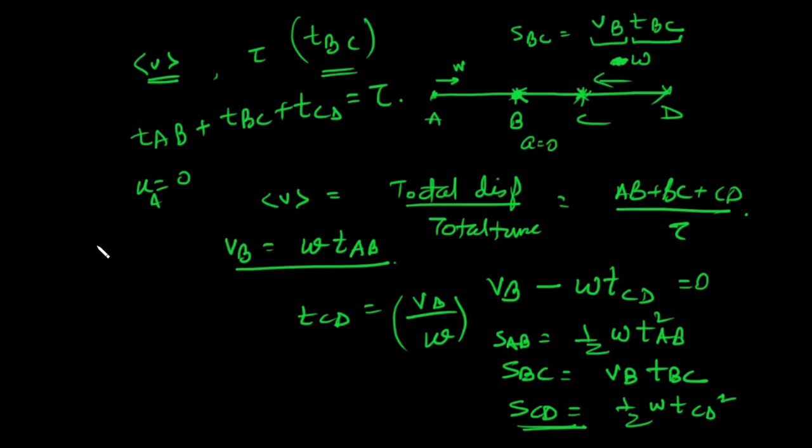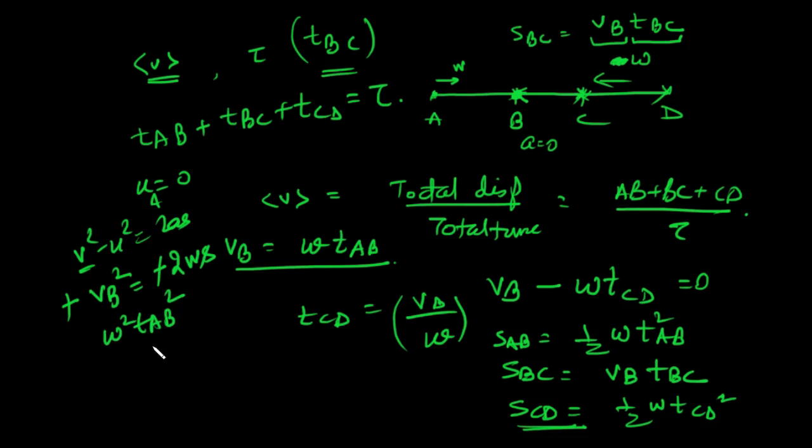So v squared minus u squared is 2as. v is 0, so minus u squared, where u was v_B, and a is the deceleration w. What is v_B? v_B is w squared times t_AB whole square, divided by 2w, which is half w t_AB squared.